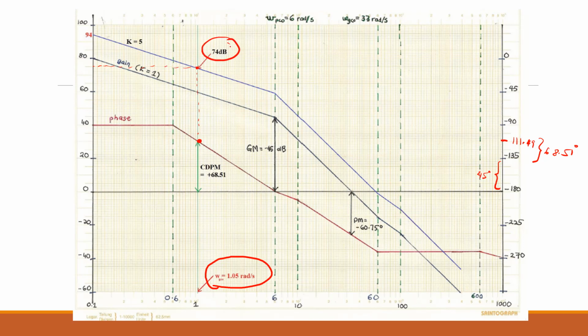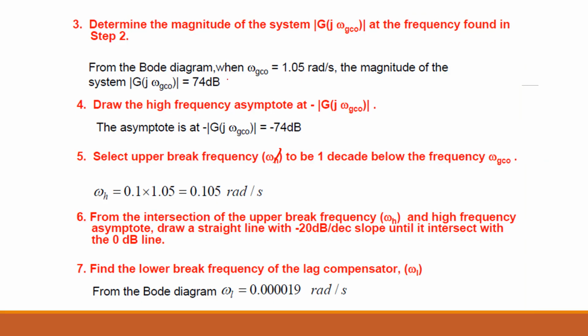So this is the new magnitude and phase. Okay, so we get the new gain margin.